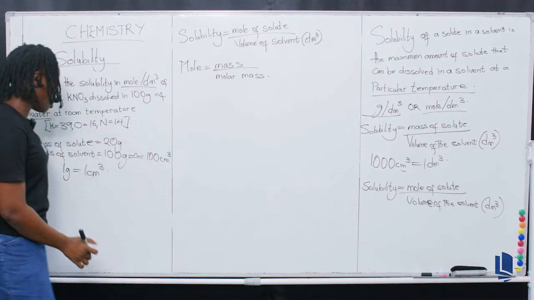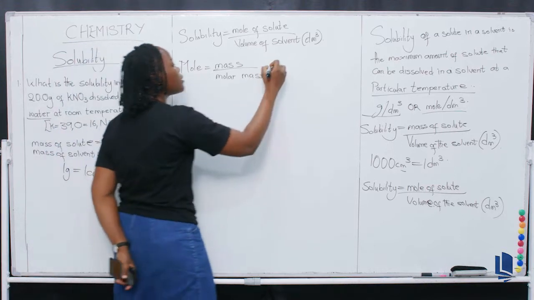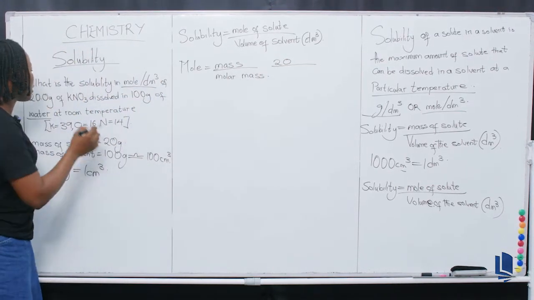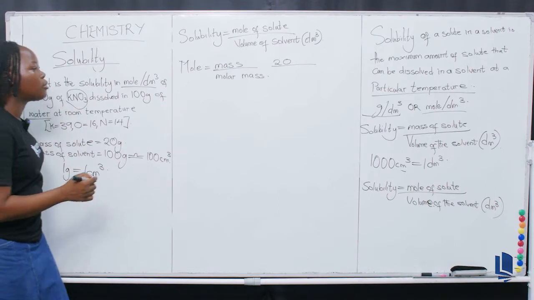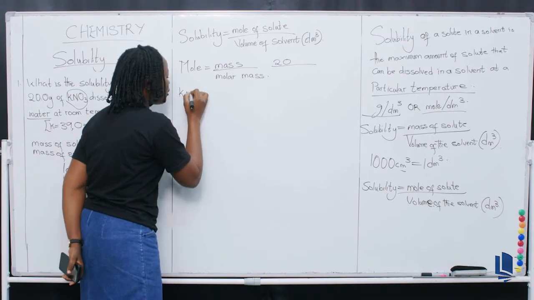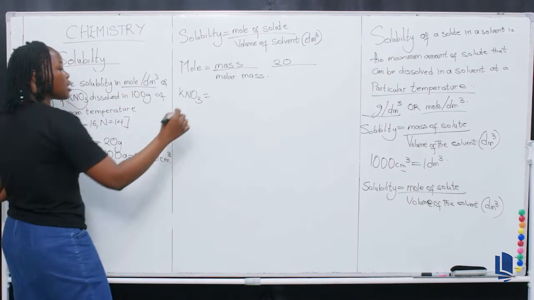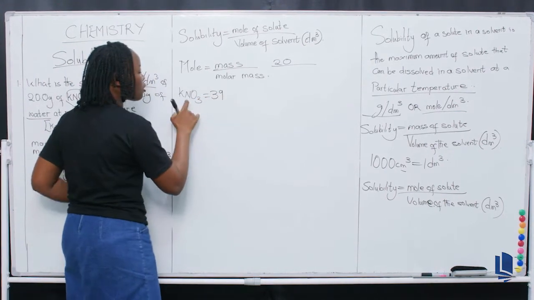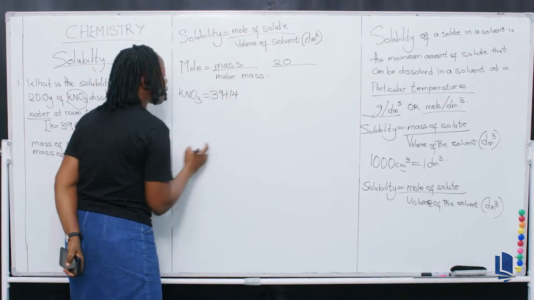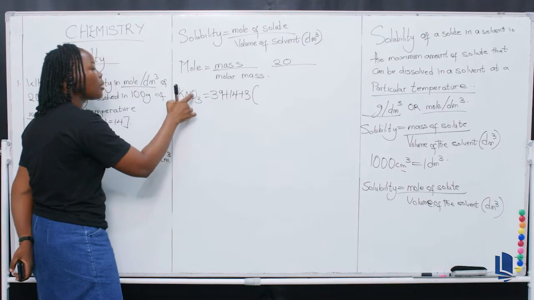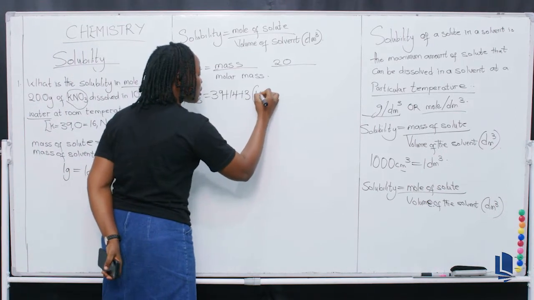The mass given is 20. So 20 divided by, we're told the chemical formula, KNO3. Atomic mass of potassium is 39. That of nitrogen is 14. And we have 3 atoms of oxygen, so plus 3 into brackets. Atomic number of oxygen is 16.